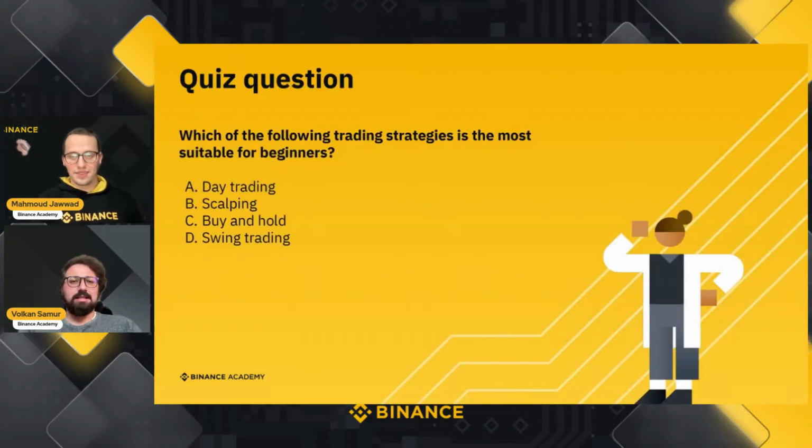Cool. So let's conclude with the quiz. Again, drop your answers in the chat. Which of the following trading strategies is the most suitable for beginners: A, day trading, B, scalping, C, buy and hold, or D, swing trading?